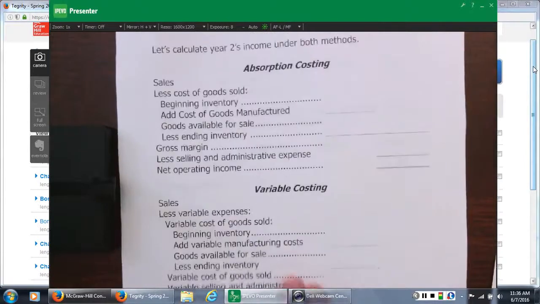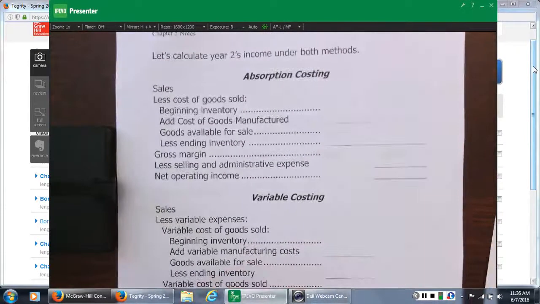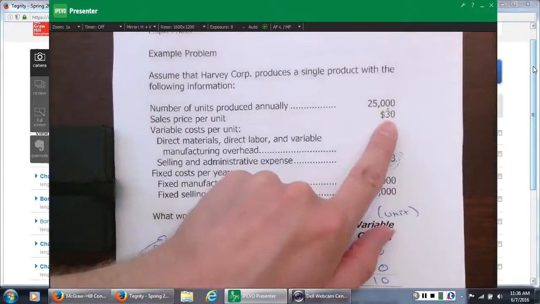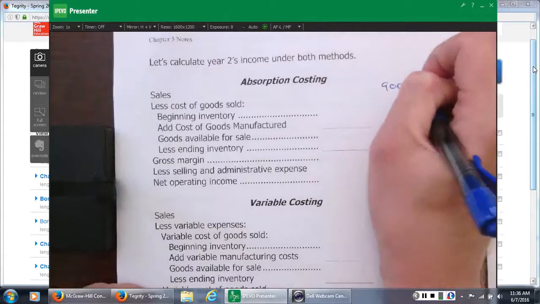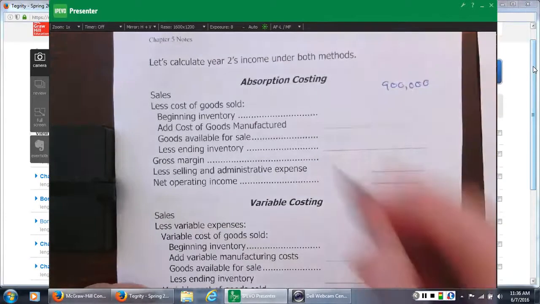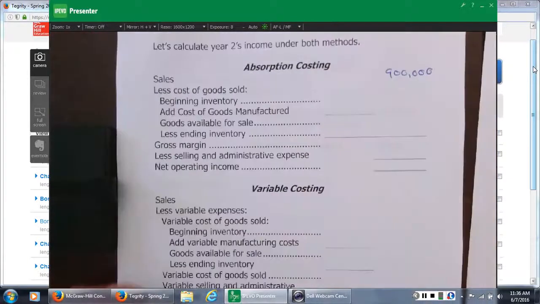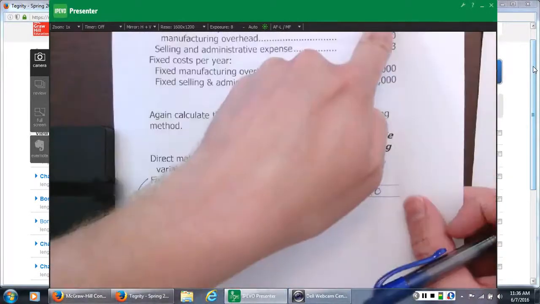So now what we say is our sales. If we look back at the problem, it says we sold 30,000 units. The selling price is $30 a unit. So I get sales of 900,000. I come over here and I have my beginning inventory of 5,000 units.